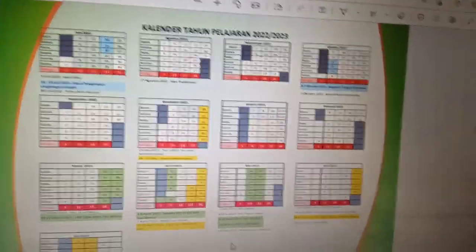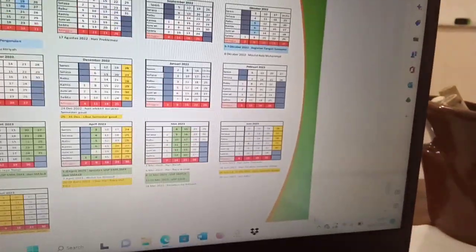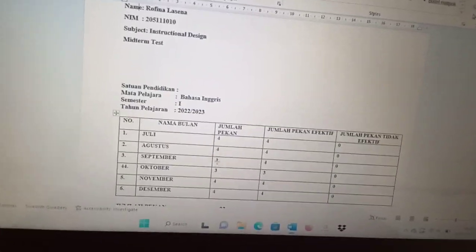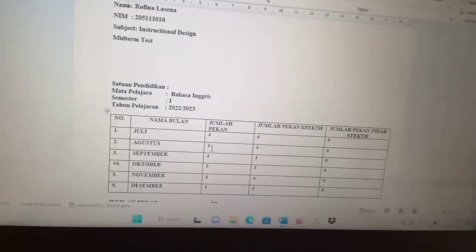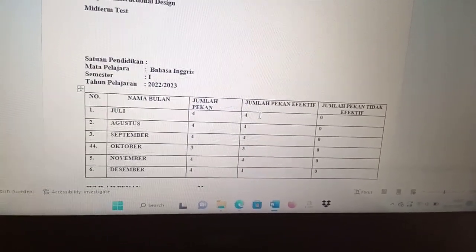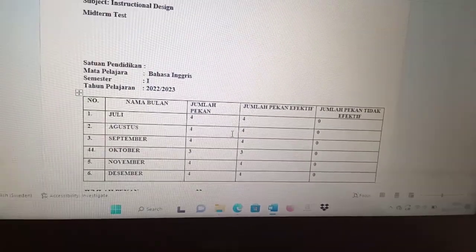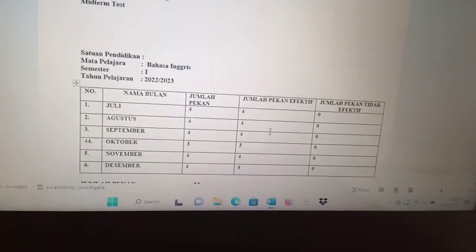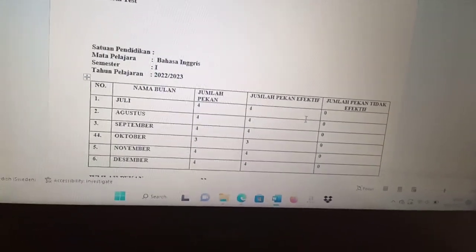So we can write it down: there are 4 weeks, and all 4 are effective. So 4 minus 4 equals 0.